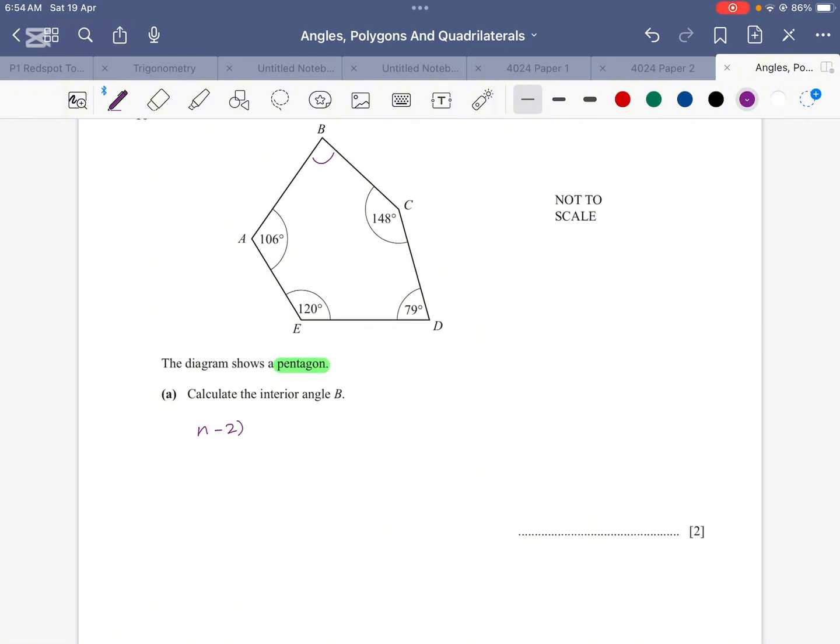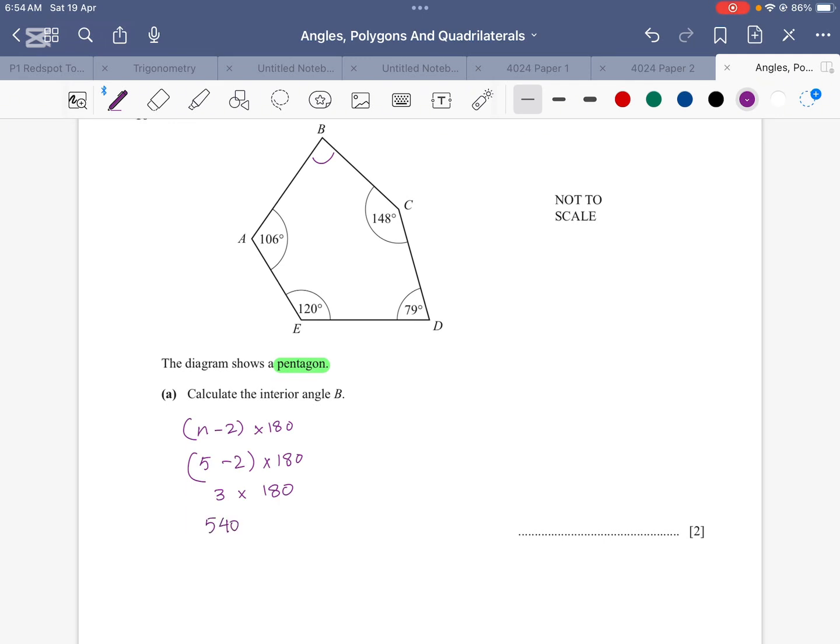(n minus 2) into 180. n is 5, minus 2 into 180, which is 3 into 180, and 3 into 180 is equal to 540.